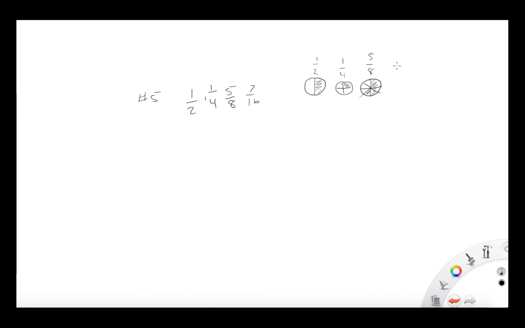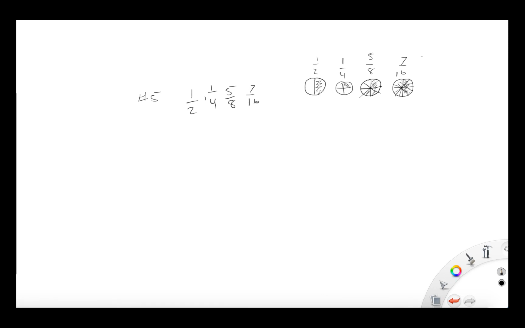So that's a little over half. And 7/16. Well, to do 16ths again, there's 8, and we'll have to do 9, 10, 11, 12, 13, 14, 15, 16. Anyway, 7 of them is just before half. It's not quite half because 8/16 would be half.